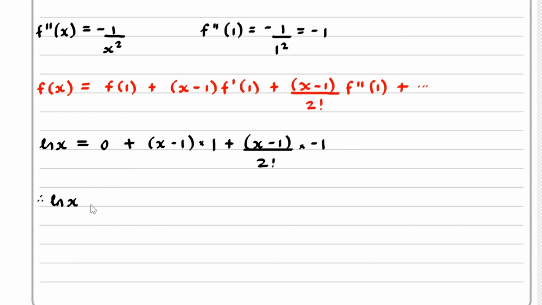So I've got the natural log of x equals x minus 1 minus 1/2 times by x minus 1 squared plus higher order terms.